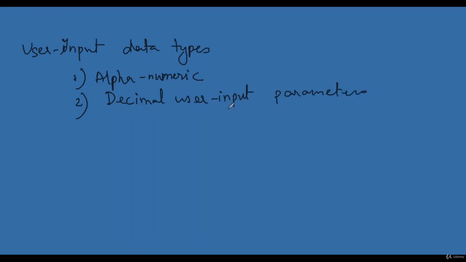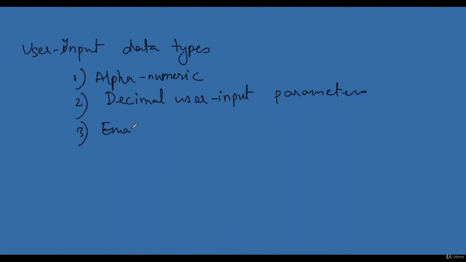This specifies that the parameter value is in decimal format. Values for this data type can only include numbers along with decimals. Again, for this data type, you can define the maximum length and the maximum value.